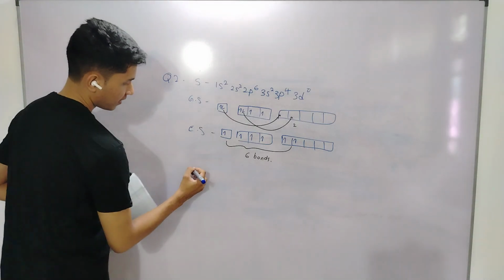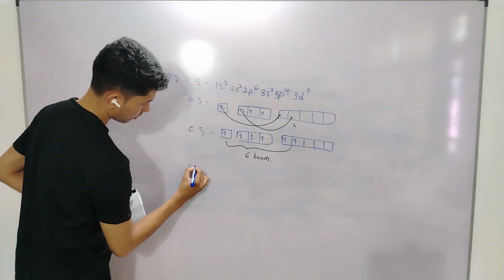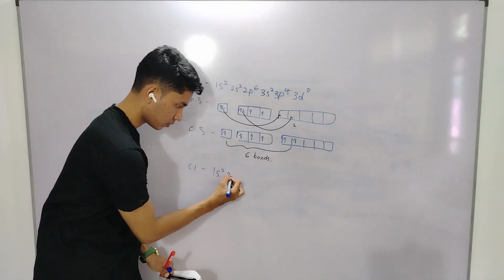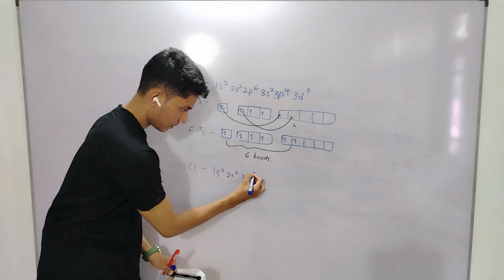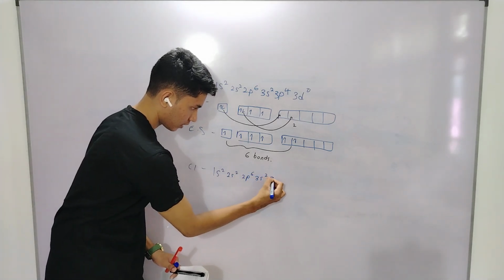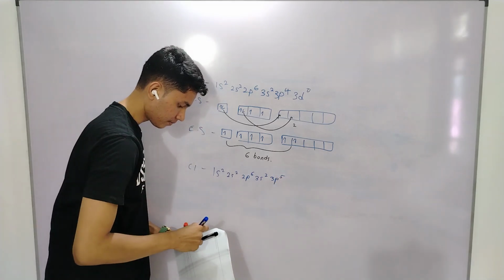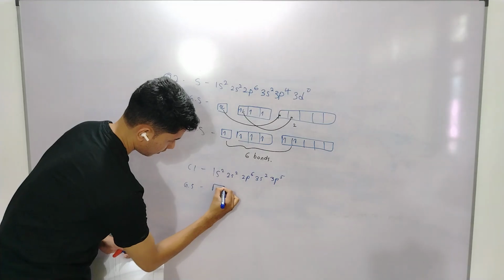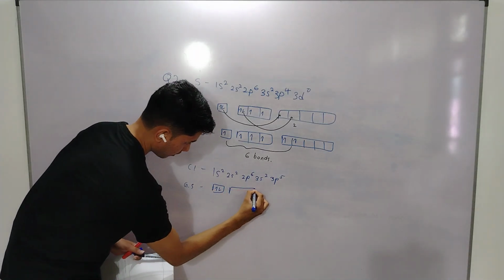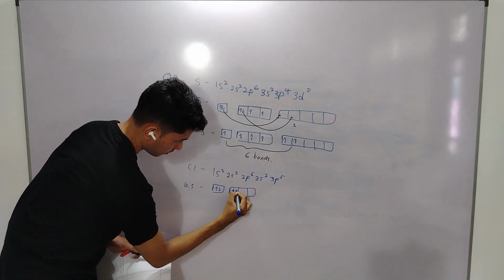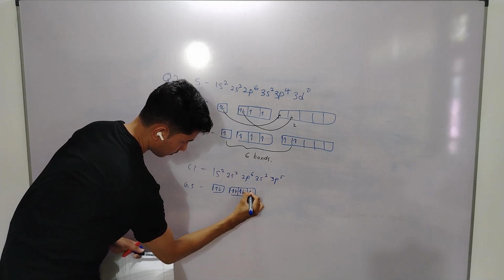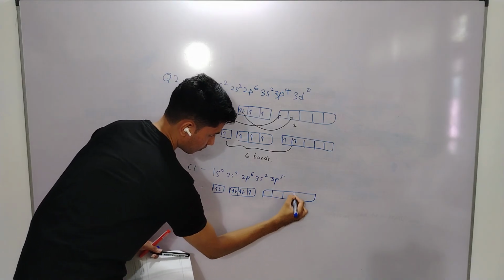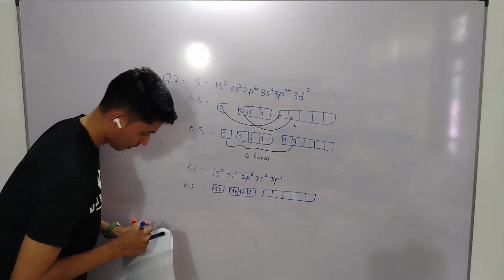Now this is for sulfur. What about chlorine? Next example, chlorine. The electronic configuration is 1s2, 2s2, 2p6, 3s2, 3p5. So the ground state will be the 3s orbital, 3p orbital, and 3d0.